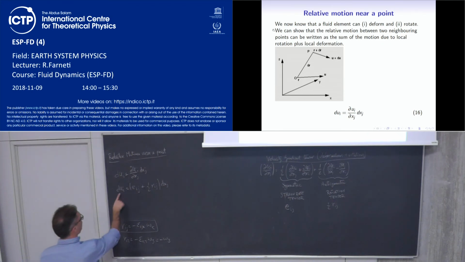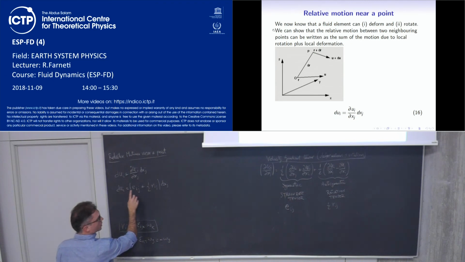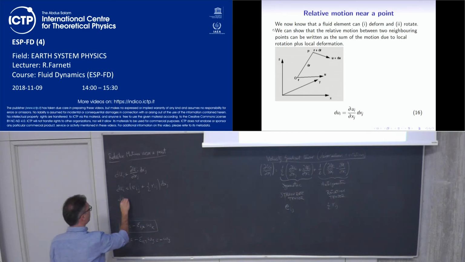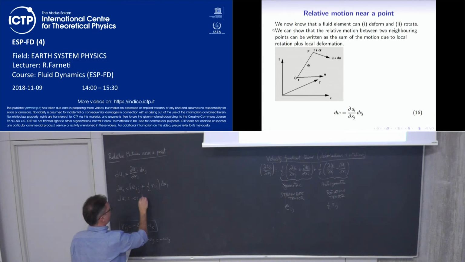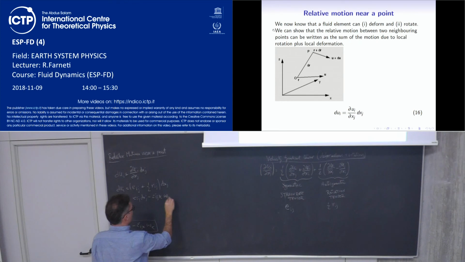So this is the relative velocity at point B. I can express that with the strain rate tensor and half of the rotation tensor. So if you remember this, you can use it here. E_ij dx_j minus the alternating tensor omega_k dx_j. Okay.